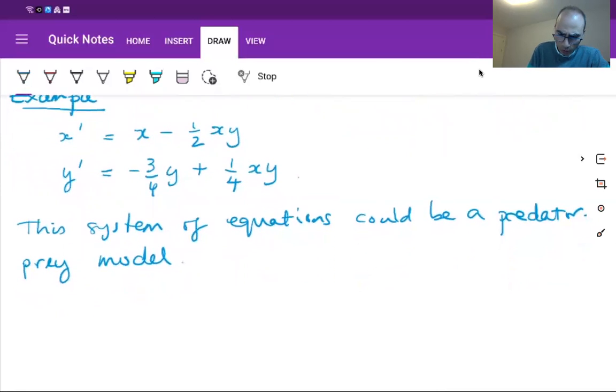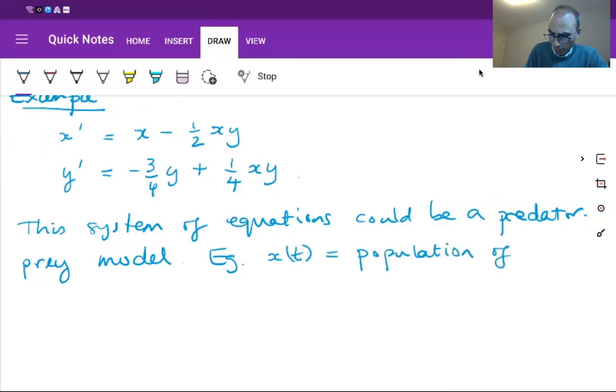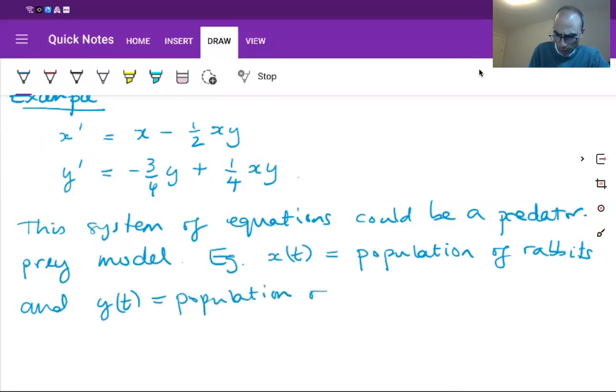So for example, x of t might denote the population of rabbits, and y of t equals the population of, say, fox.